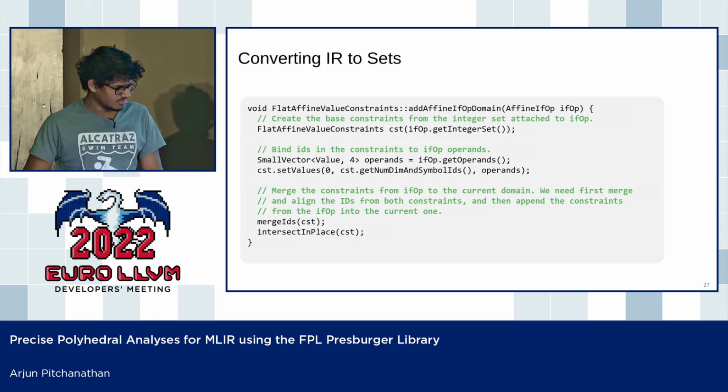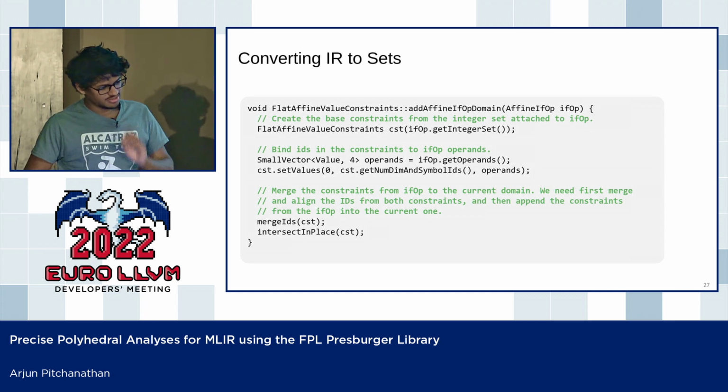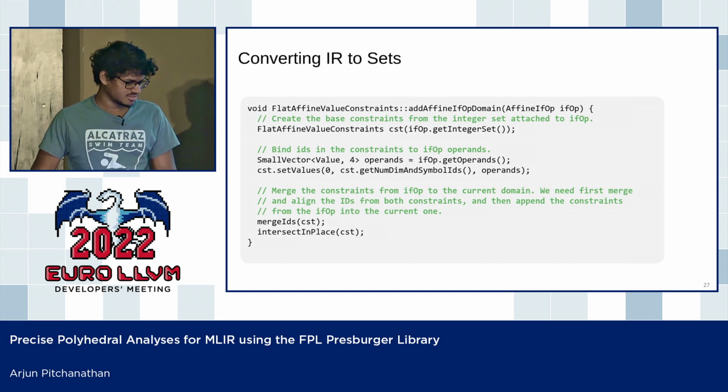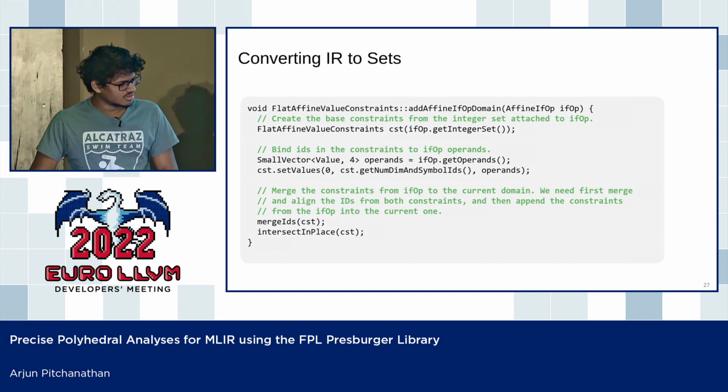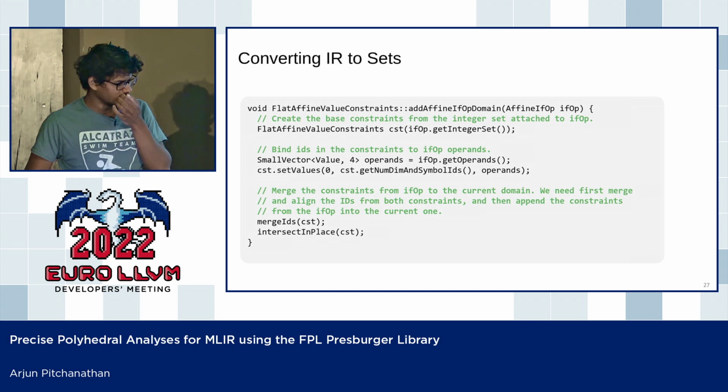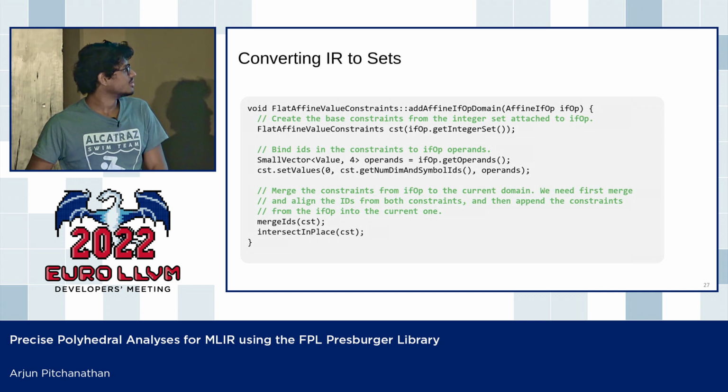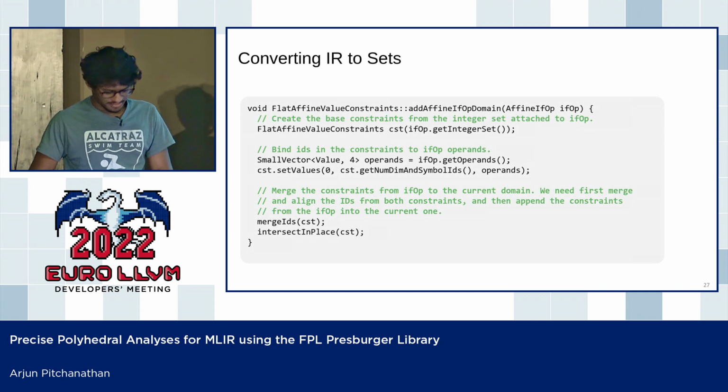And finally, once again, we'll merge, which we always do when we operate between two sets. And finally, we intersect the new affine if constraints with the current set.